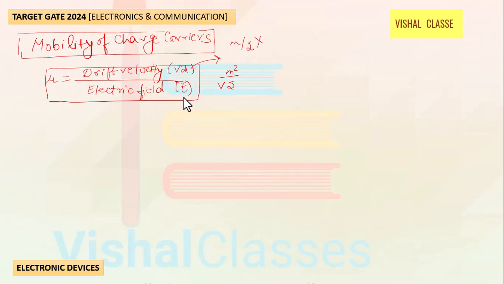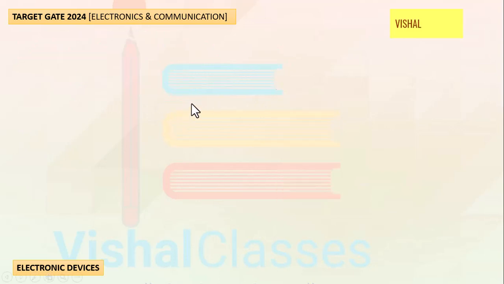Electric field is volt per meter, so the unit is meter per volt second, giving meter square divided by volt second, or centimeter square divided by volt second.